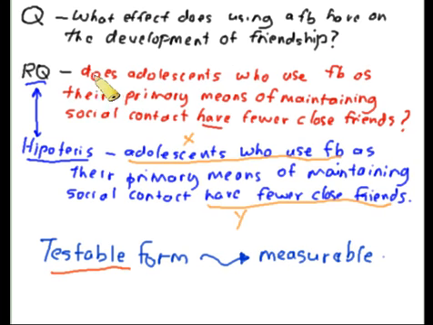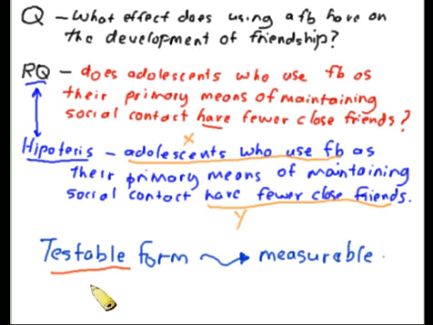But if you ask the question, do adolescents who use Facebook have fewer close friends? The answer is either yes or no. So it is testable. It is measurable. The same goes for the hypothesis: adolescents who use Facebook have fewer close friends. Yes or no. If the data that you collected and tested gives the answer yes, then you say this hypothesis can be accepted.